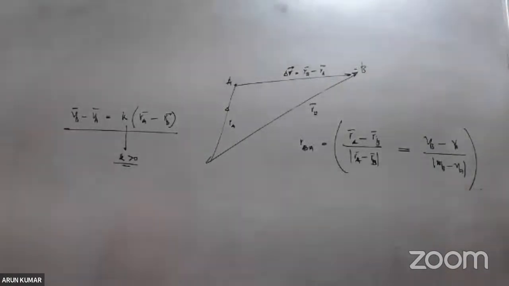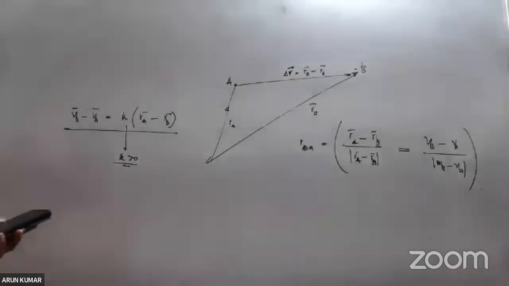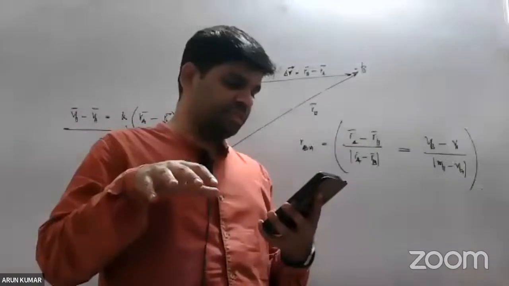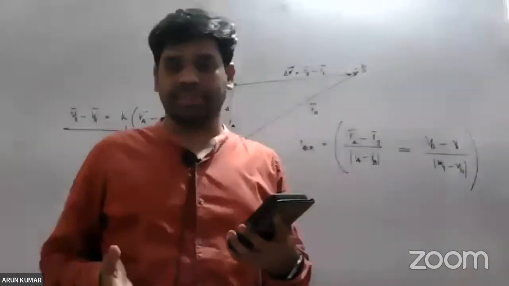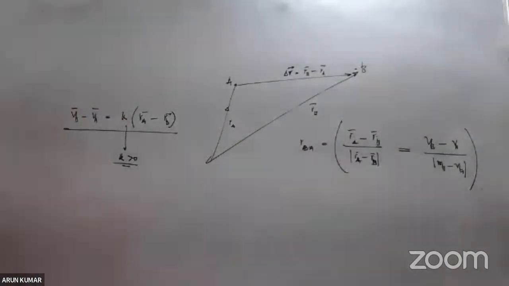Let's look at the sixth question. Here it says a large number of bullets are fired in all directions with the same speed v. The maximum area on the ground on which these bullets will spread is. This is again from projectile motion.